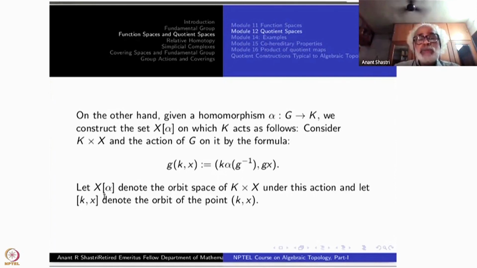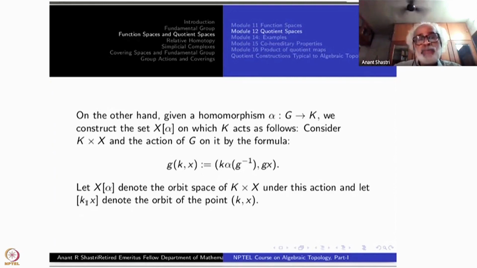Okay. So let X alpha denote the orbit space of K cross X under this action. So this is going to be a quotient space of K cross X under this action. Let [k, x] denote the orbit of the point (k, x). These are the equivalence classes here.